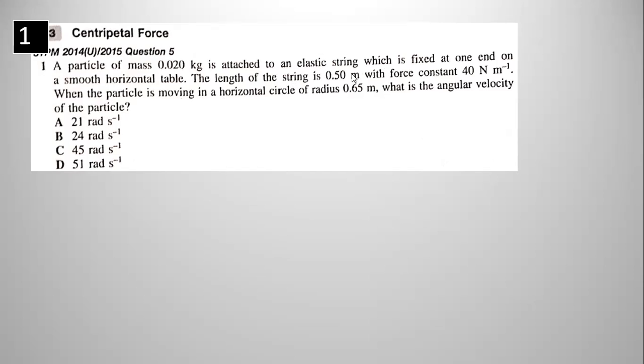The length of the string is 0.5 meter with a force constant. So basically like a spring. And the particle is moving in a horizontal circle of radius 0.65. That means this is the original length 0.5, and this is the extended length 0.65.